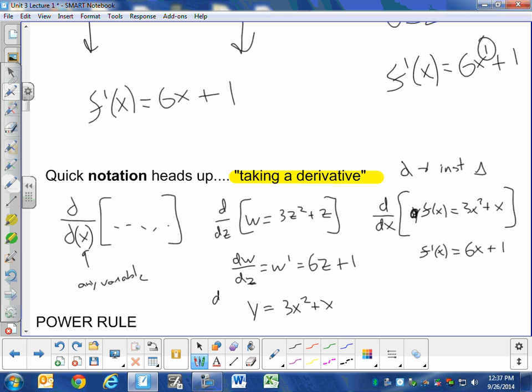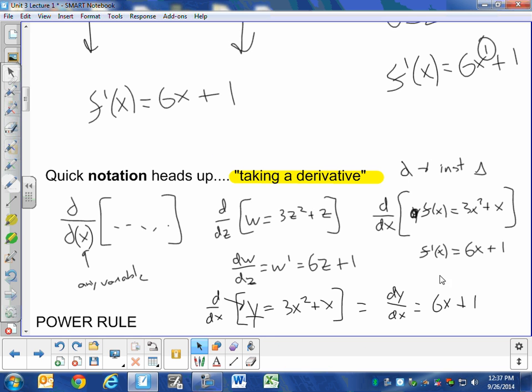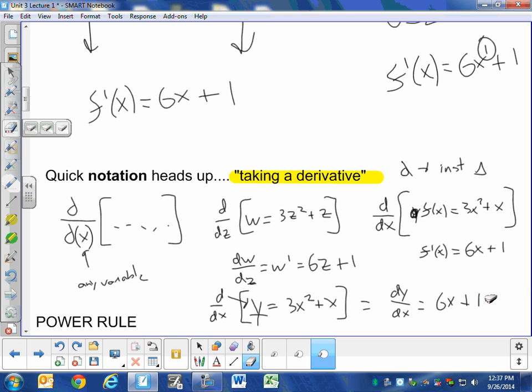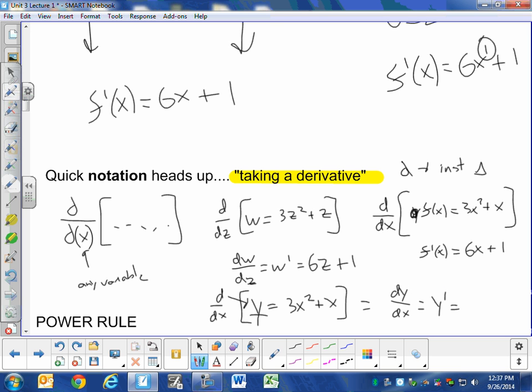I would take the instantaneous rate of change of that function y with respect to the instantaneous rate of change of x. This would give me dy over dx. It's kind of like multiplying by a fraction. This is d times y over dx times 1. And that would be 6x plus 1. And dy dx is another notation for just y prime, and you're used to using f prime. All just different notations we have to be familiar with.